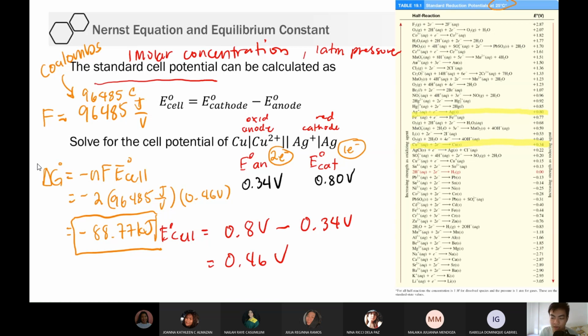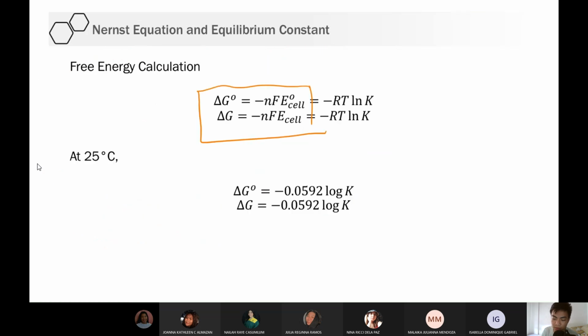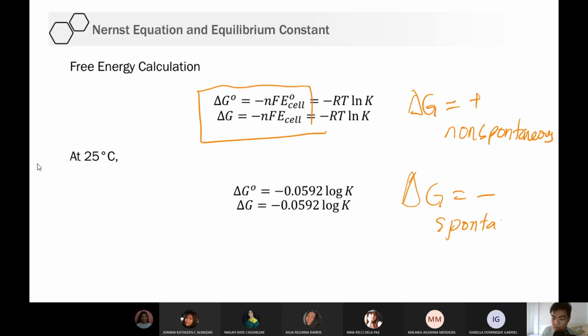So, hindi mangyayari yung reaction. Take note of that. Let me write it here. If delta G is positive, this is non-spontaneous. Meaning ng non-spontaneous, hindi mangyayari. If delta G is negative naman, this is spontaneous. Ibig sabihin, mangyayari yung reaction.